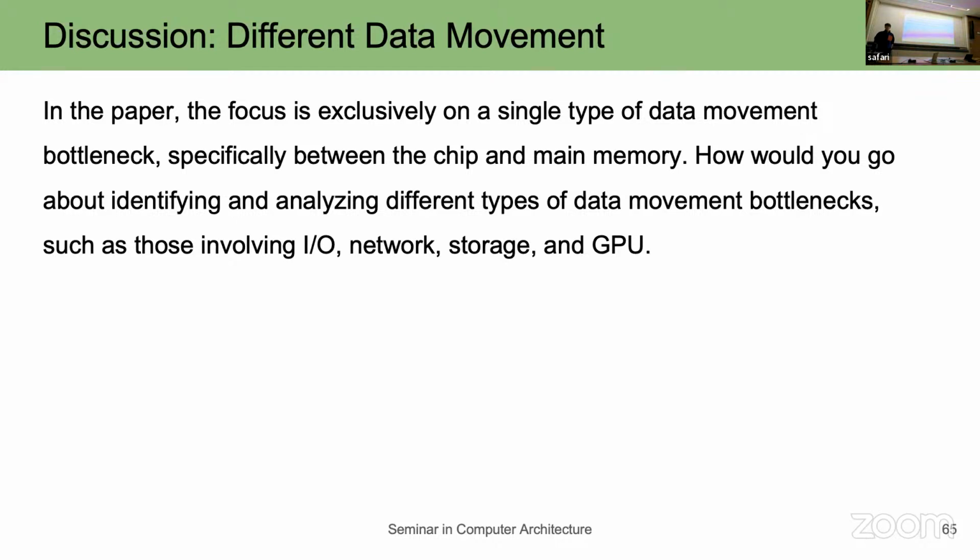And then one would need to define some metrics on which you can classify those data movements. So maybe if somebody can choose one and try to come up with a metric to classify the different types of data movement bottlenecks. Otherwise, I'd probably move on.